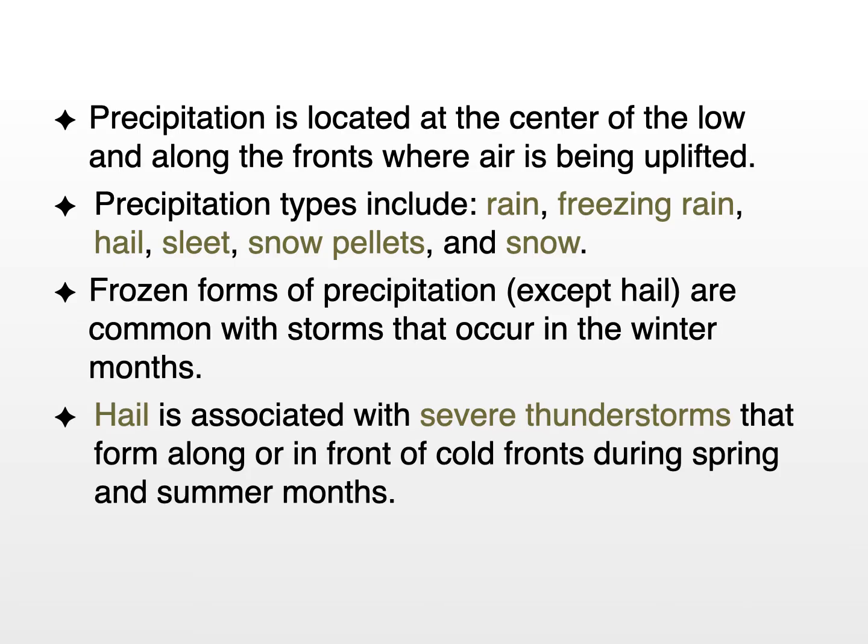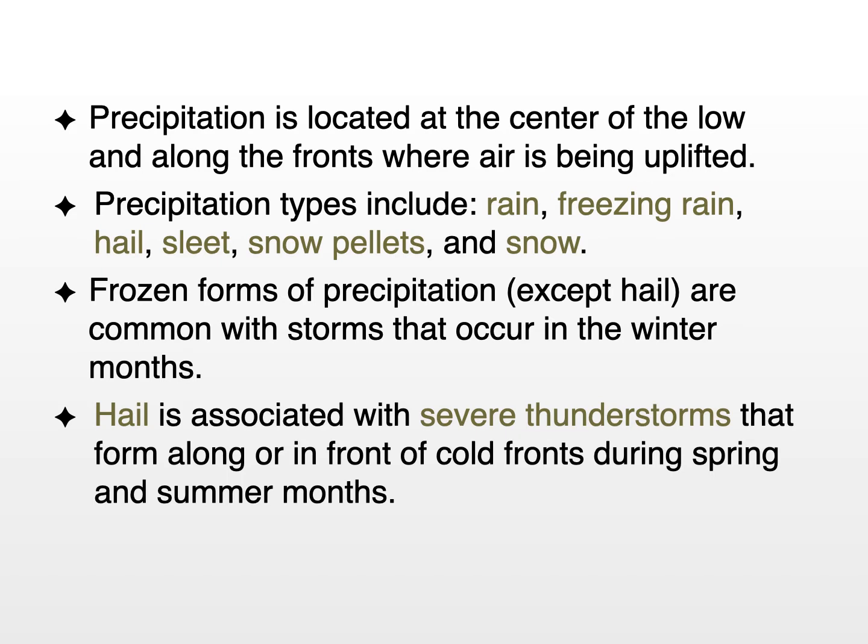Precipitation is associated at several locations at the low center, along the fronts, where air is being uplifted. Various types of precipitation can be produced: rain, freezing rain, hail, sleet, snow pellets, and snow. Now, it's also dependent on the season.